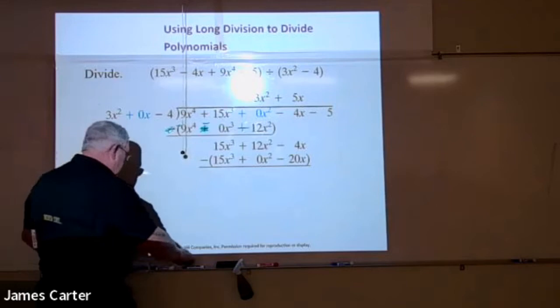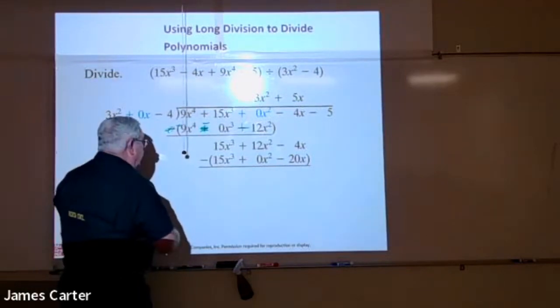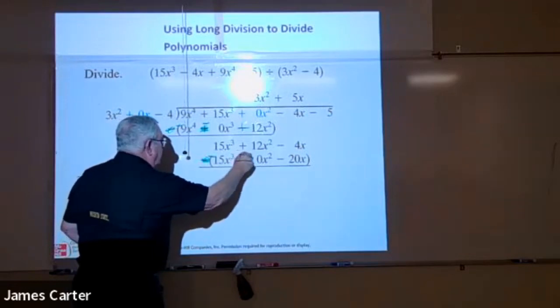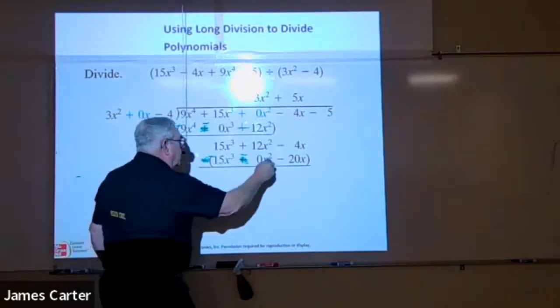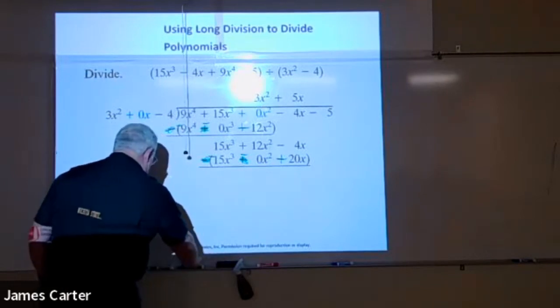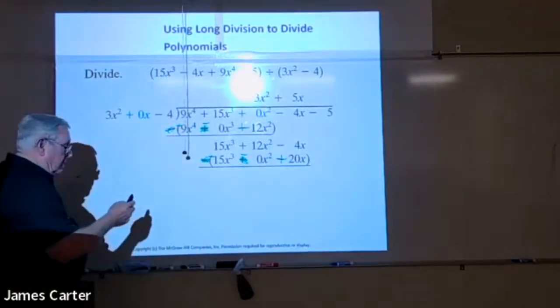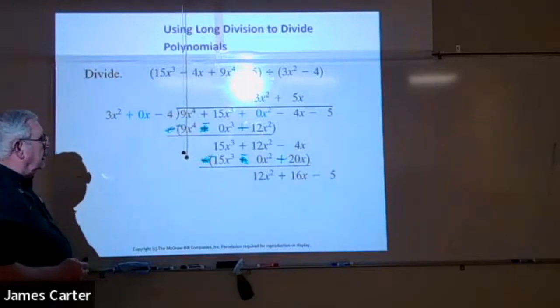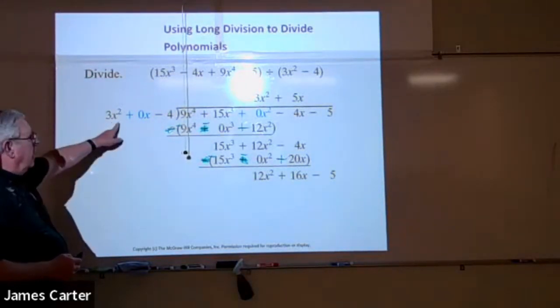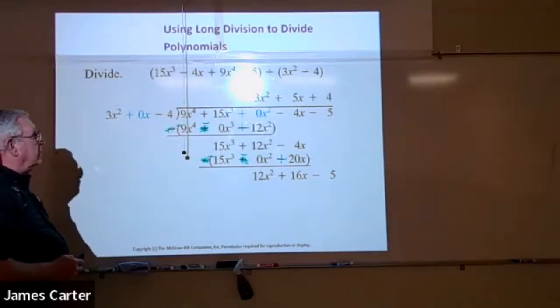Okay, I change signs again of everything. So this is negative 15, that's negative 0x squared, and this is positive 20x. I get that. When I bring down, I do my estimation again, get a 4.